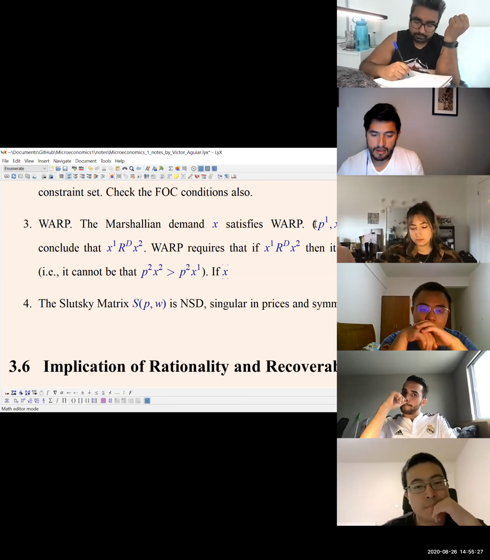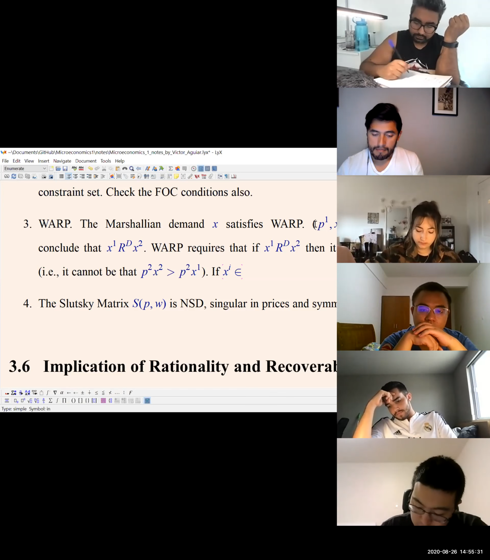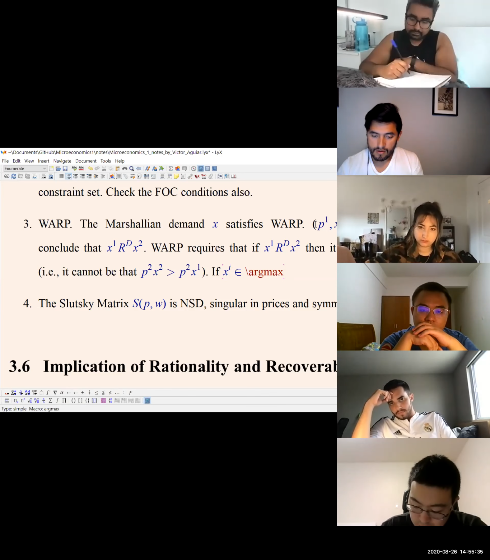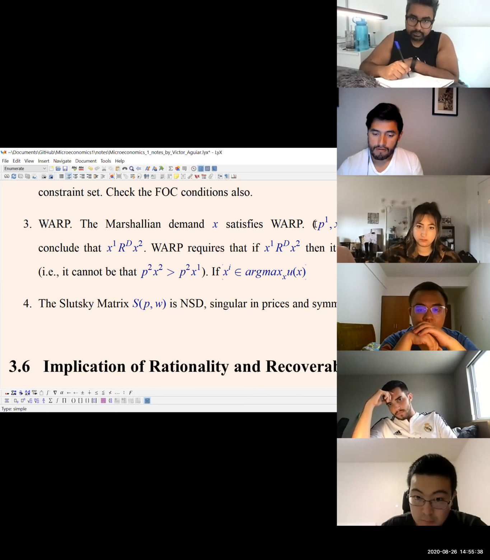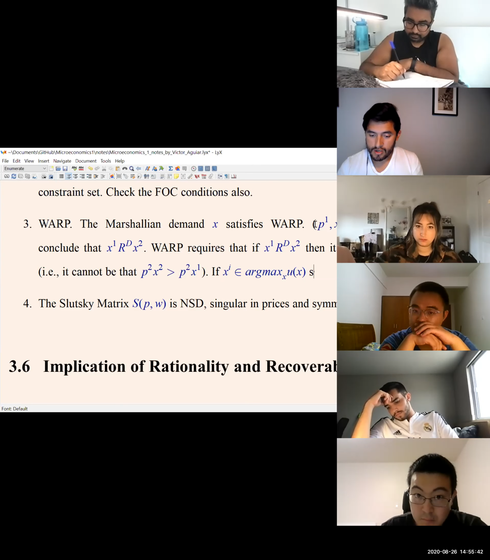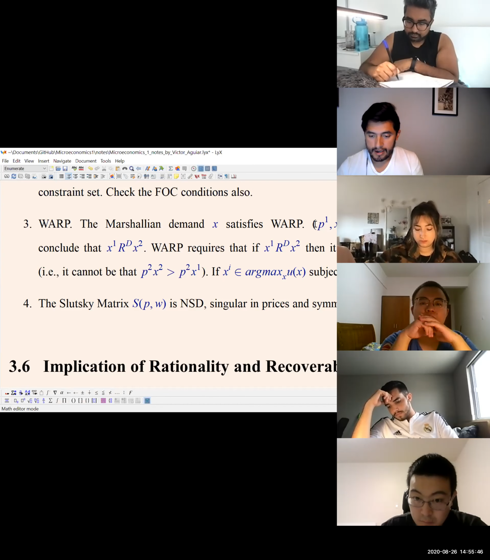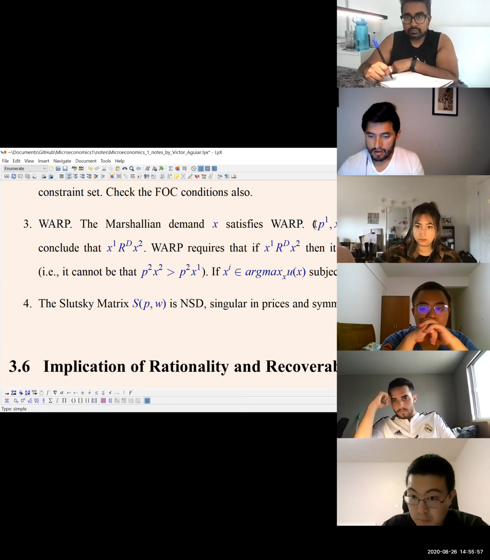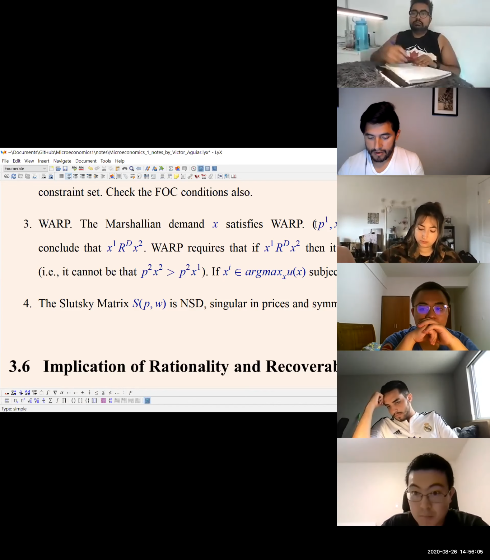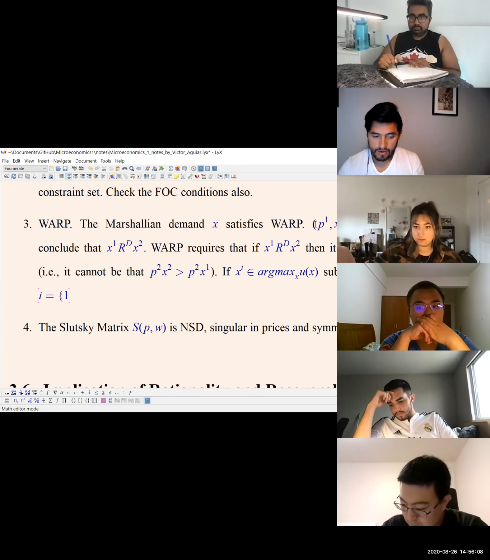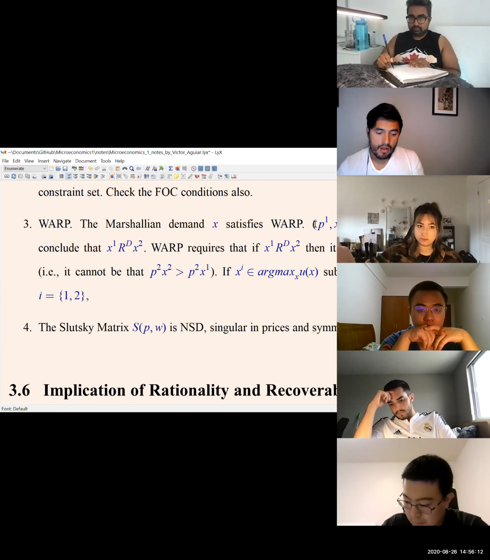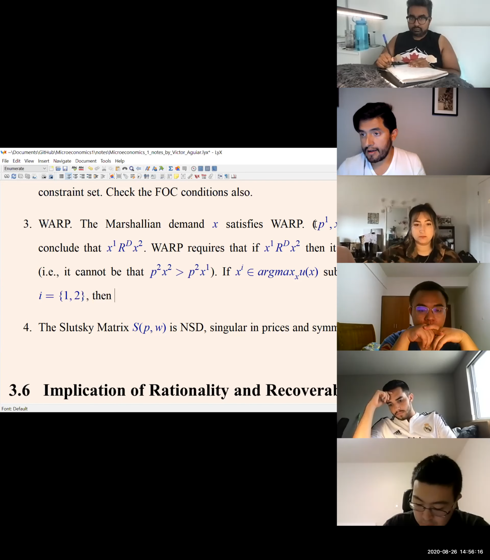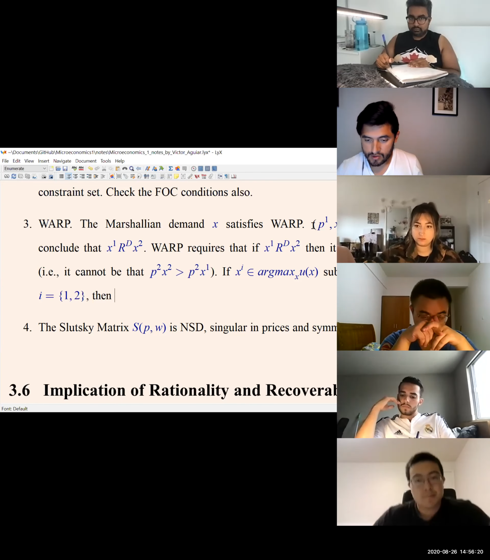So what I'm saying is if Xi is the maximizer of the utility function U(x) subject to Pi X less than or equal to Pi Xi, which is the income level, for i equal to 1, 2, then this data set satisfies WARP. Then X1, X2 satisfies WARP.